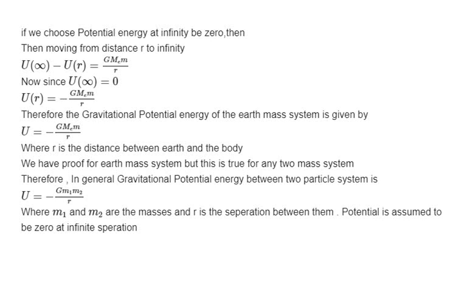Therefore, the gravitational potential energy of the Earth mass system is minus G into capital M, the mass of Earth, into small m, the mass of object, divided by the distance between Earth and body. We have proved this for the Earth mass system, but this is true for any two mass system. Therefore, in general, in place of Me and m, you can write m1 and m2.